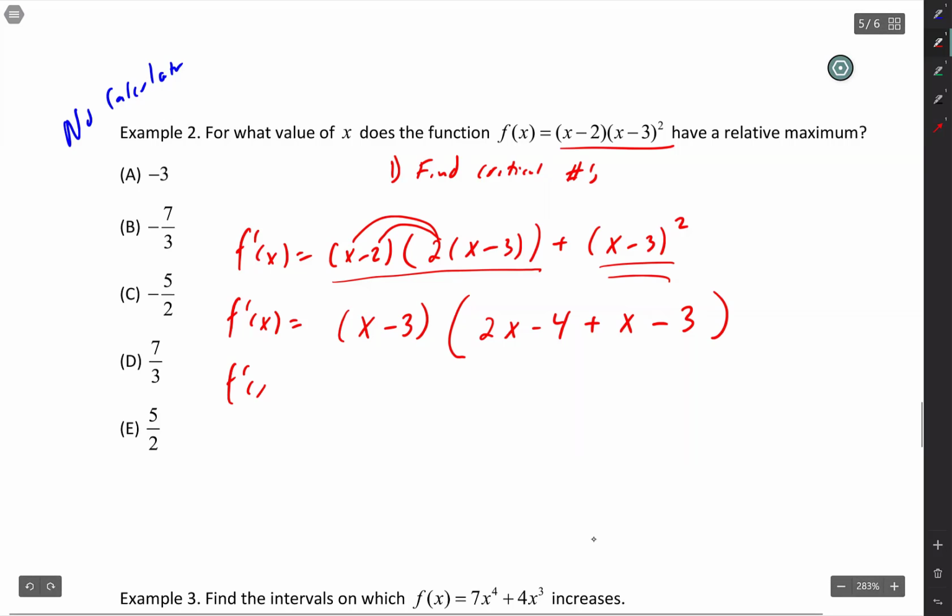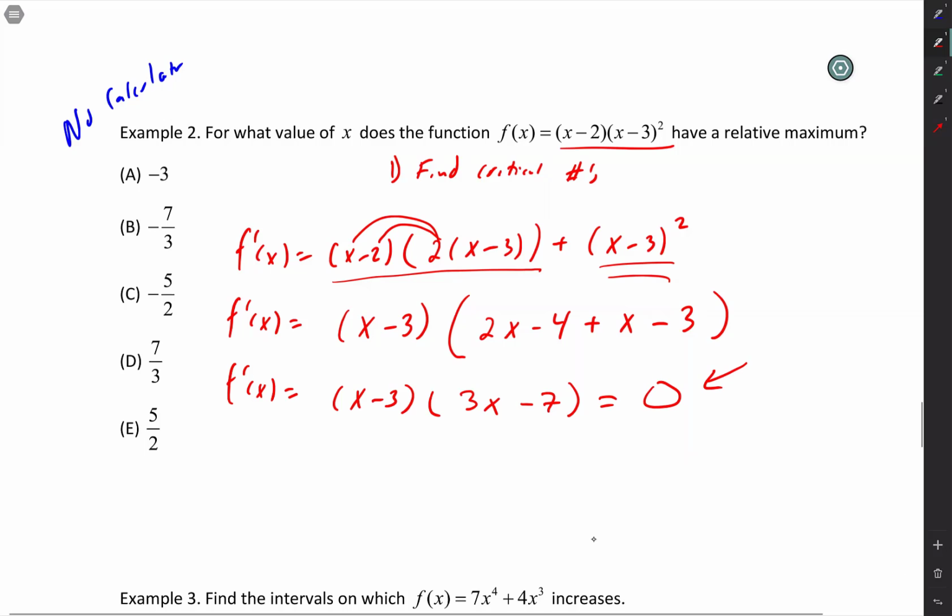I guess I could have done it in less steps, but x minus 3, I'm going to combine like terms. 2x plus x, that's a 3x. Negative 4 minus 3, 4, 5, 6, 7. That's negative 7. I'm going to equal that to 0. I'm equaling to 0 to find critical numbers. That's a number sign, not a hashtag.